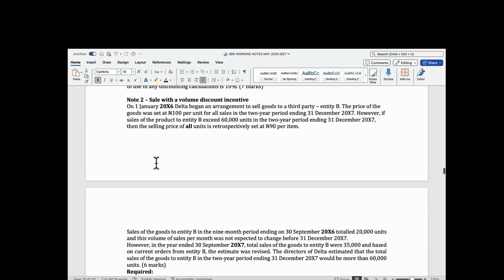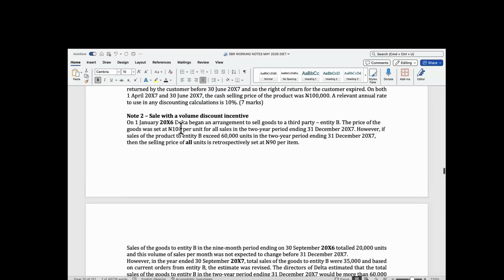And this B part, yeah, it looks long, but it's even easier than this one, because here the seller is giving a discount and is telling the buyer that if you buy a certain quantity, I will sell it to you at a lower price, but if you don't, I will not. It says on 4th January 2006, Delta began an arrangement to sell goods to a third party, Entity B. The price of the goods is 100 naira per unit for all sales in the 2 years ending 2007.